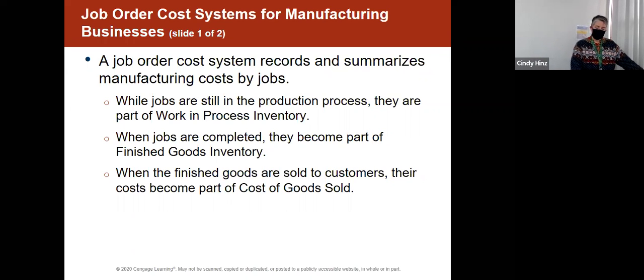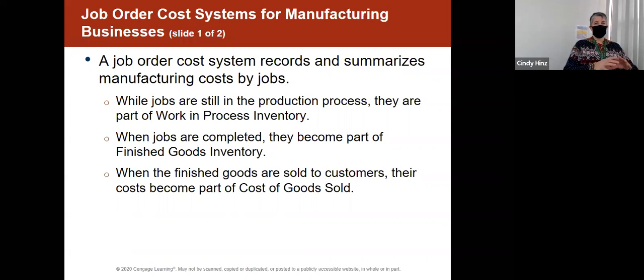When we get to the process costing chapter next week, you will see that most companies that use a process costing system will actually have more than one work in process inventory account. But for companies that are using a job order costing system, they have just one work in process account, and then they have subsidiary ledgers, sub meaning under. So subsidiary is the detail of each one of the jobs that's in process.